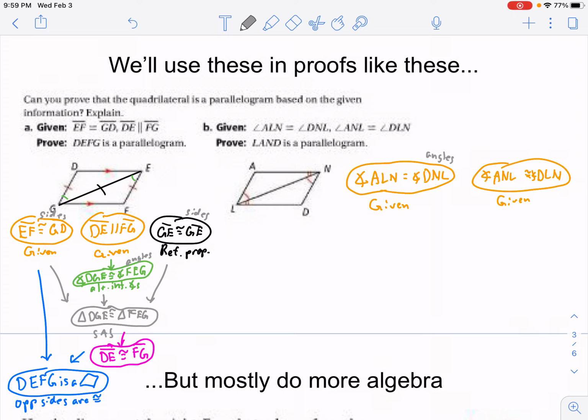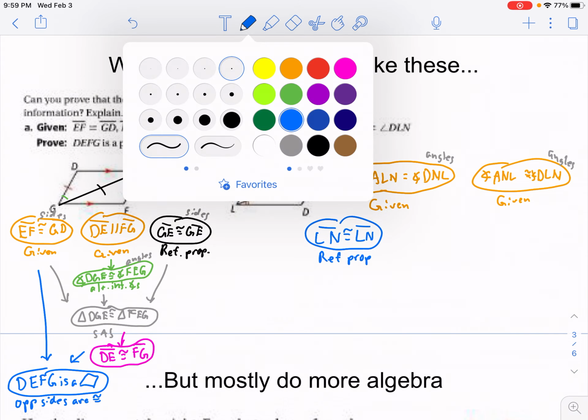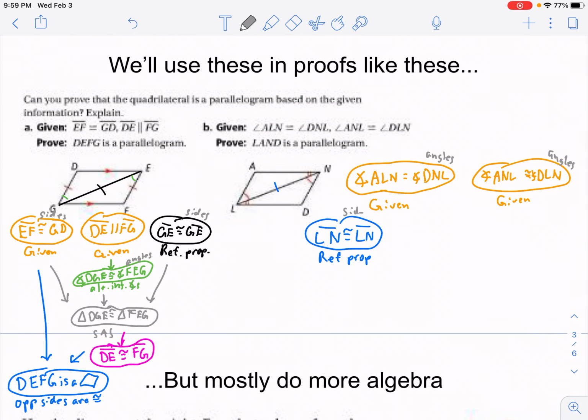So that's two pairs of angles. And then, as you've hopefully noticed, we also have LN being congruent to itself, which is a pair of sides.